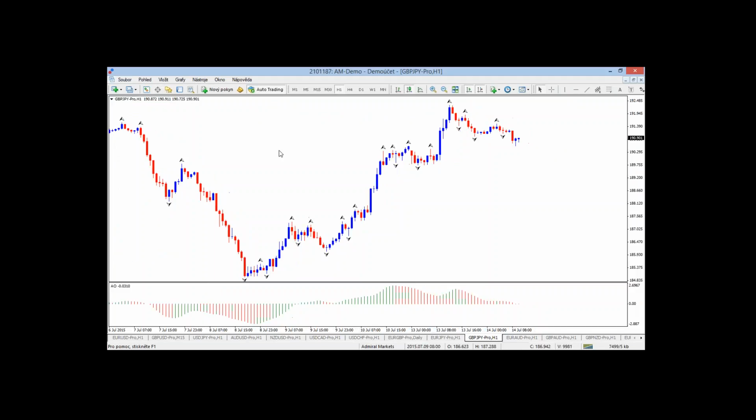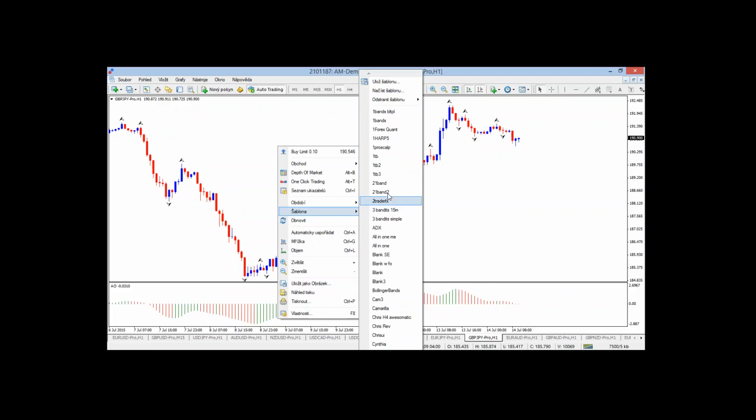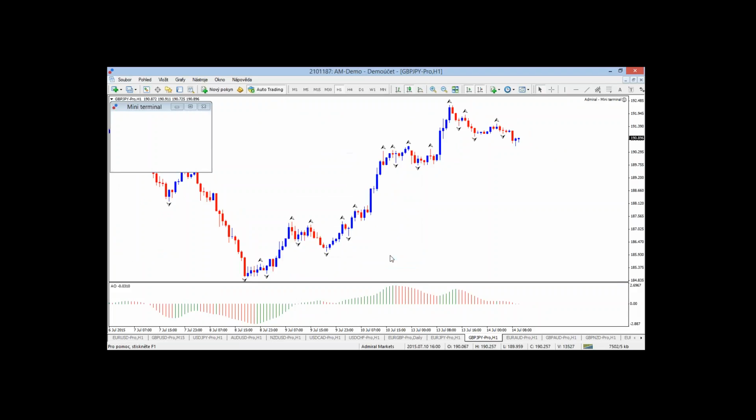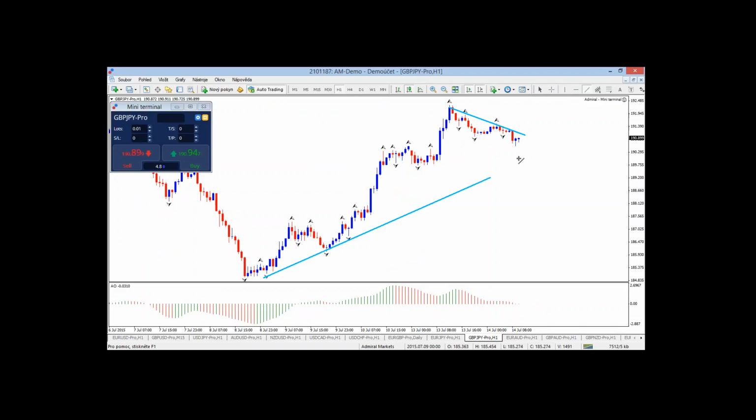So let's see, pound yen. It has this trend line and perhaps still this support line intact.